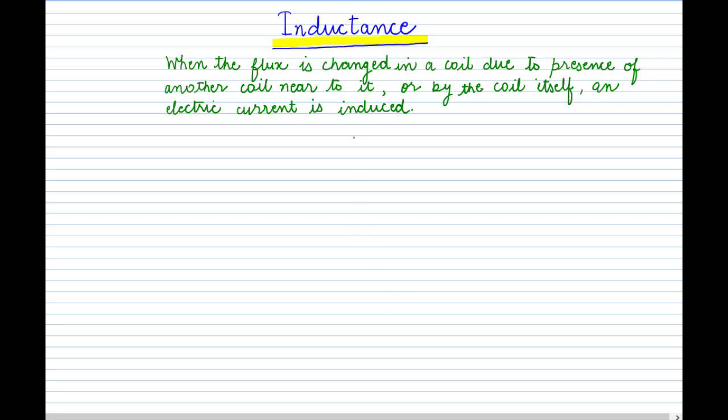So the magnetic flux through any coil, phi B, is proportional to the current I which is flowing, because whatever is the change in the magnetic flux will produce the electric current. If the geometry of the coil does not change, the coil remains the same, then if we differentiate both with respect to time, d phi B upon dt is proportional to dI upon dt.